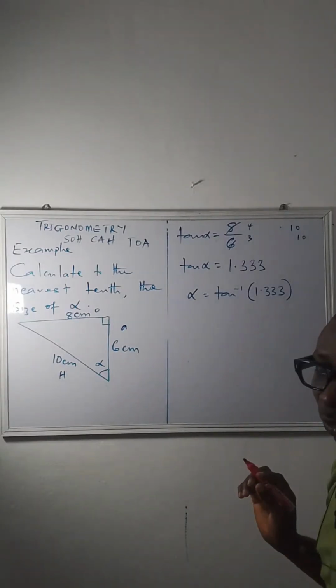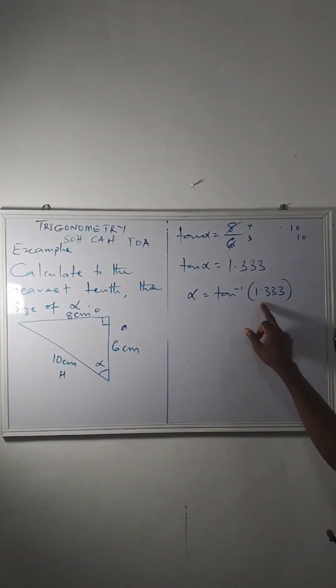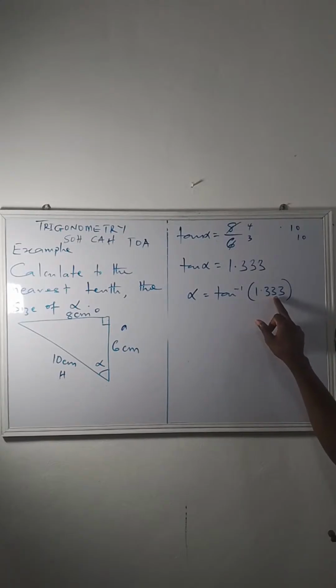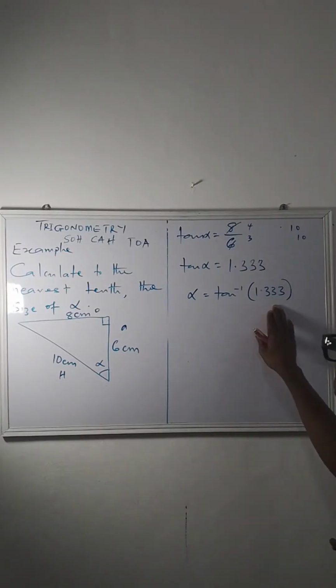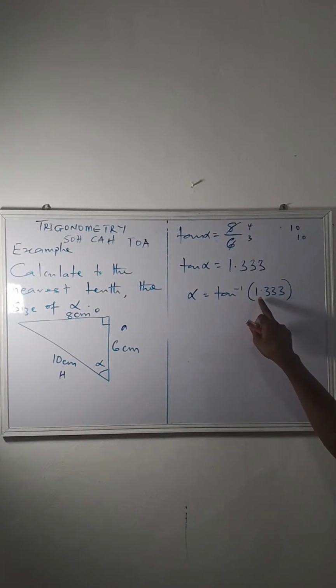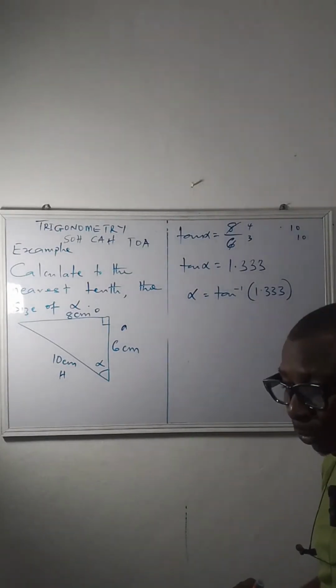Now all you need to do is go to your four-figure table and check where you are going to see 1.333, in the table of tan of angles. Or better still, you make use of your calculator. How do you use your calculator?